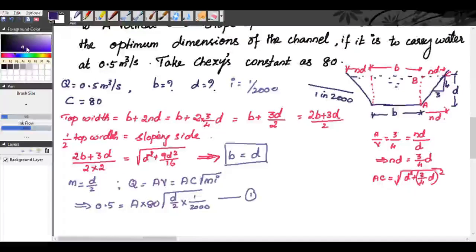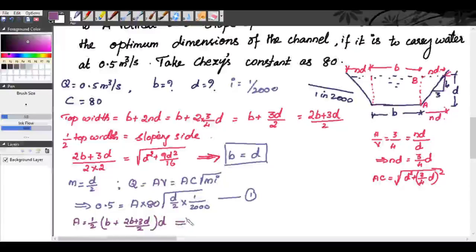Now, we know what is the area. We know the area of the trapezoidal section is equal to half into the summation of the bottom width, that is b, plus top width, 2b plus 3d by 2, into the depth of flow d.